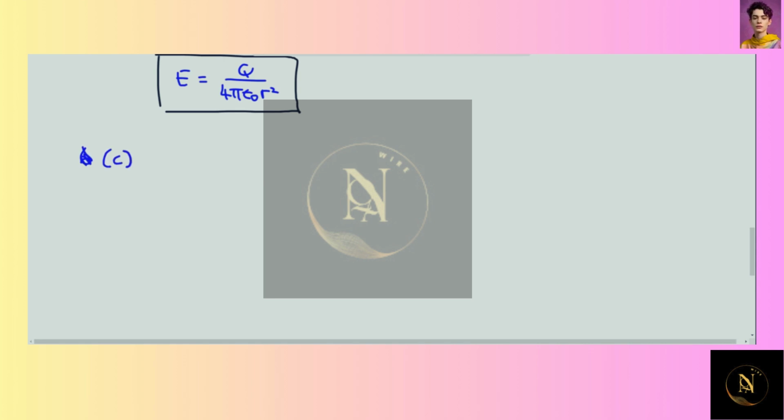In part C, what fraction of the total charge is contained within the region between r over 2 and big R? Oh, there are 5 parts, never mind.